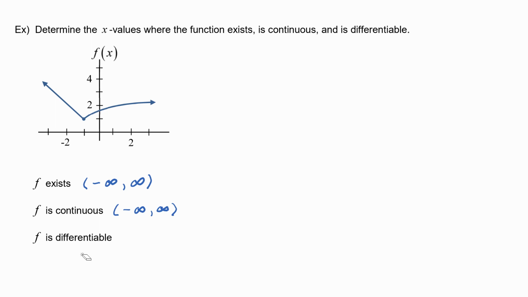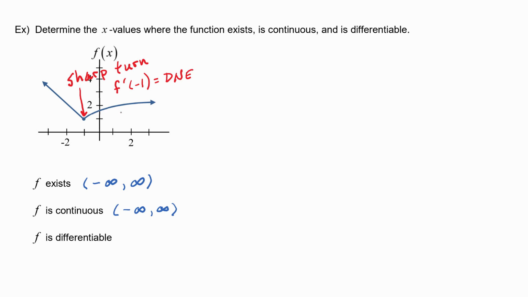To determine where f is differentiable, we have to decide at what x values does the derivative exist. And we've learned that anywhere that there's a sharp turn in the graph, the derivative doesn't exist there. So because there's a sharp turn here at x equals -1, we have to say that f prime of -1 does not exist.